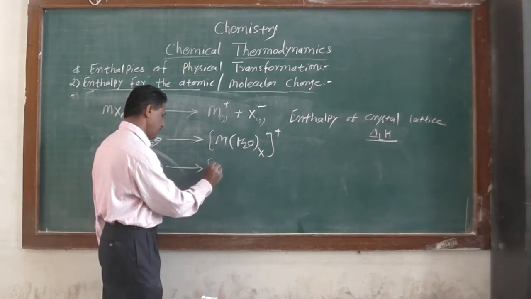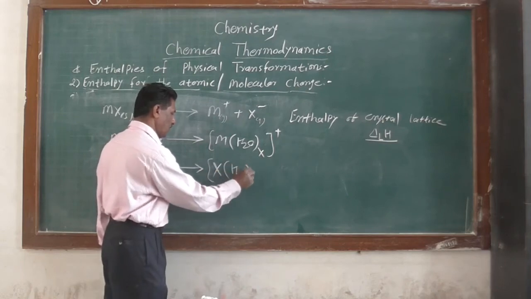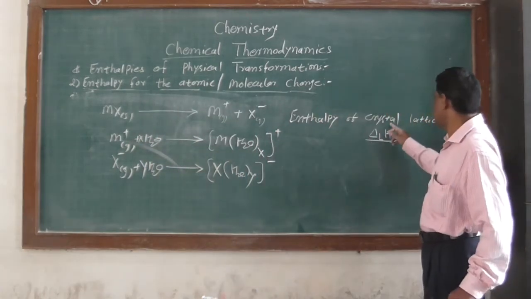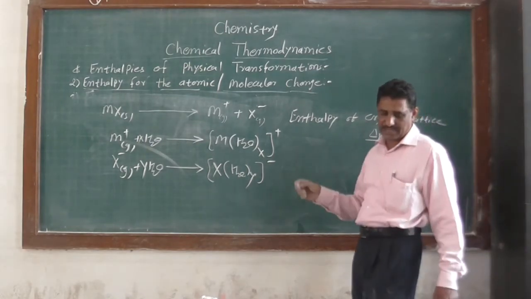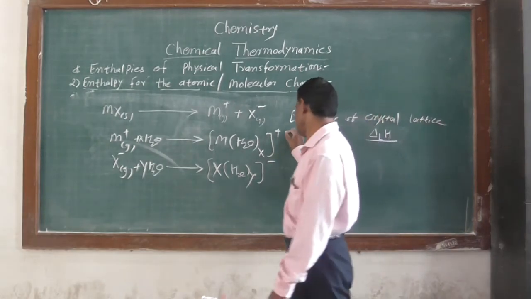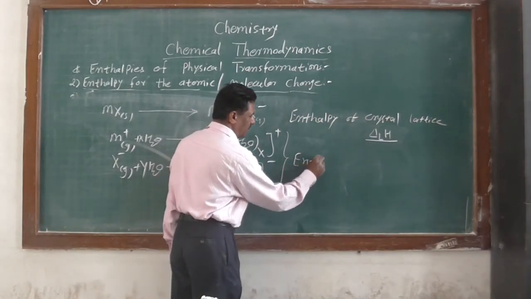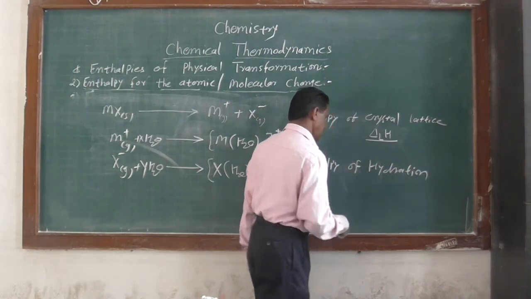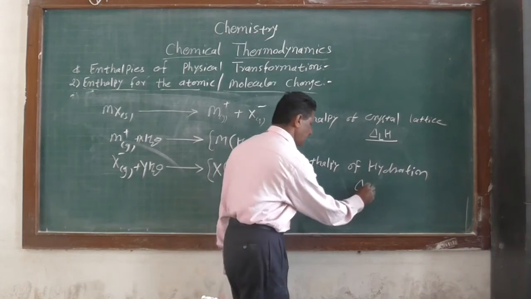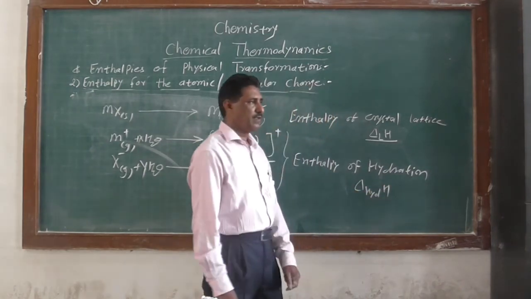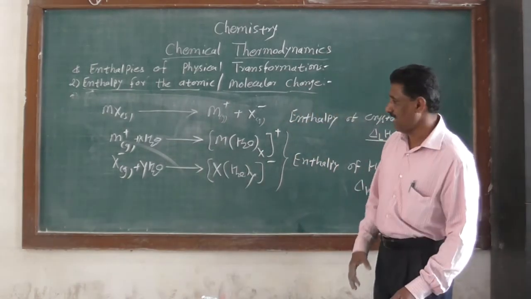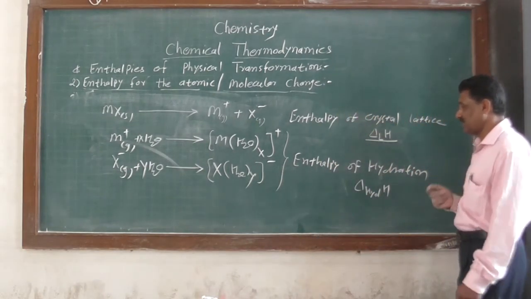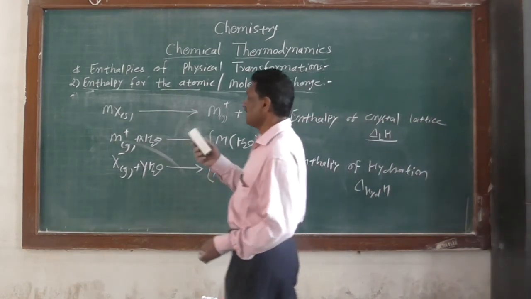The first step is formation of crystal lattice energy, and then the hydration energy, the enthalpy of hydration, denoted by delta hydration H. In this case, enthalpy of solution means the addition of enthalpy of crystal lattice energy plus enthalpy of hydration.